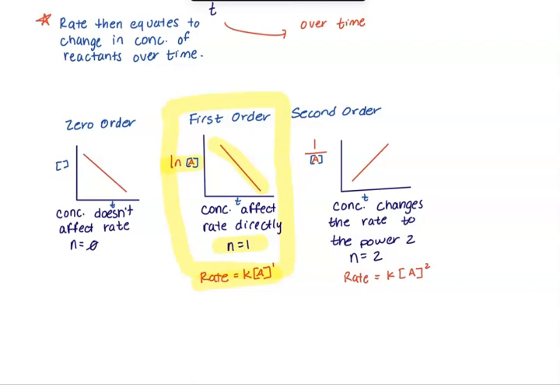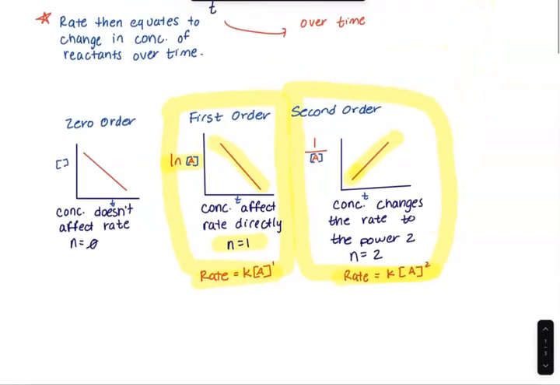Thus, our expression is rate equals k times concentration all raised to the power of 2. If this is true, then we will produce a straight line in our graph, and then it'll be second order. So it's either going to be first or second.